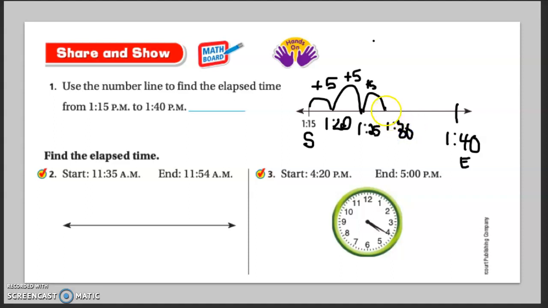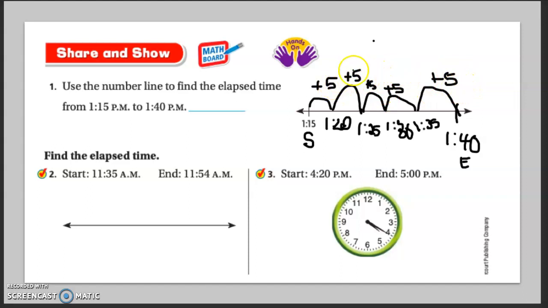Okay, if I do another jump of 5, it is going to be 1:35. And if I do one more jump of 5, that's going to stop at my end time of 1:40.